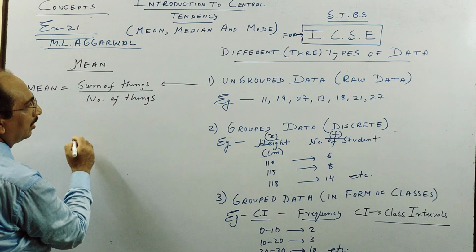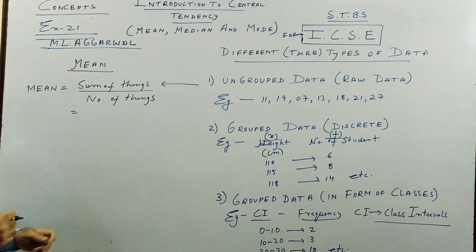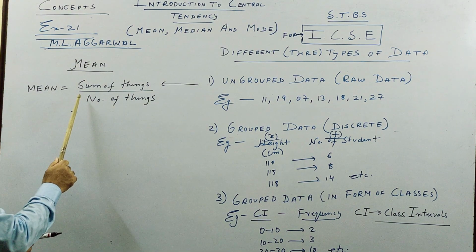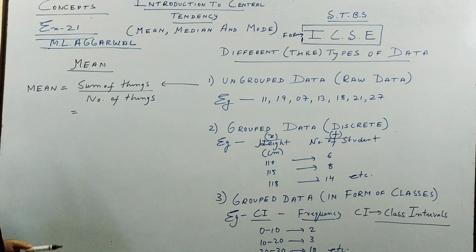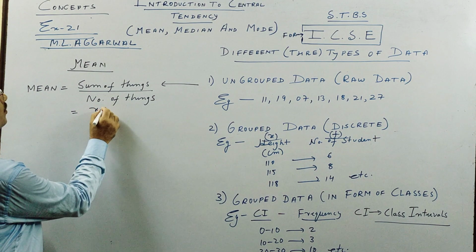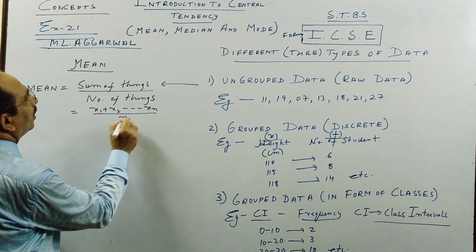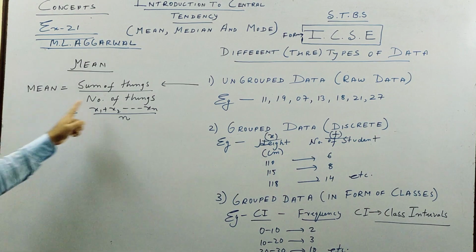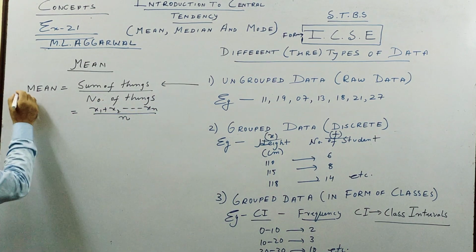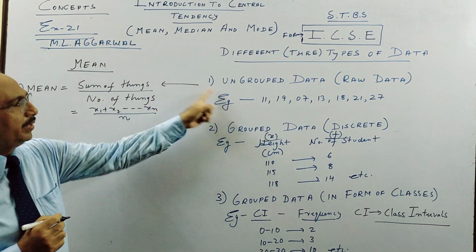This, children, you have already done in class 8 and 9 maybe also. So you know this. This is also called average. So this is, if you see, x1 plus x2 like that, up to xn. So this is for ungrouped data.